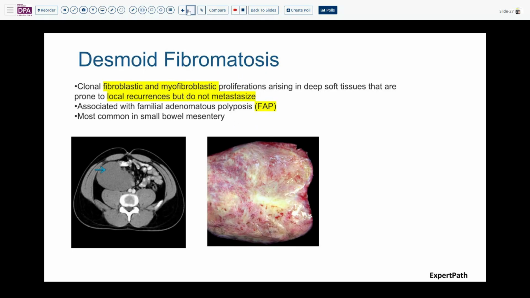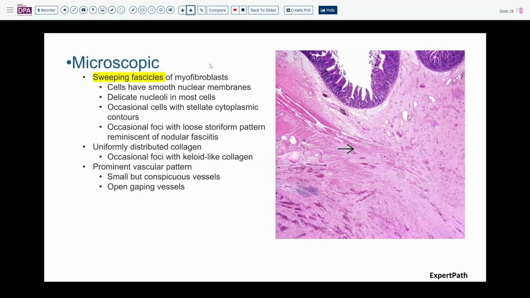Microscopically, we see myofibroblast and fibroblast proliferation. The characteristic feature is that they form long fascicles, really long, not short ones, and infiltrate the normal architecture.